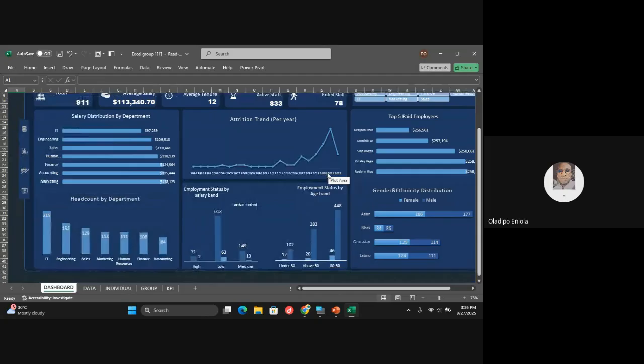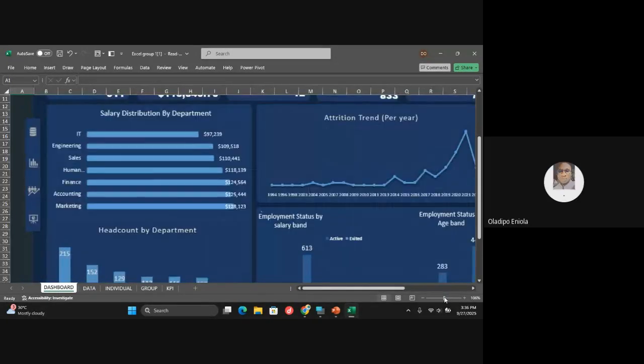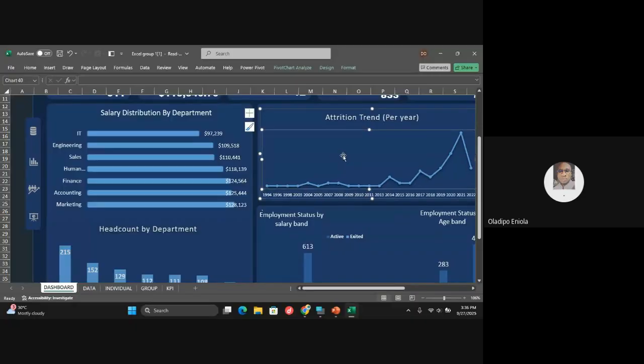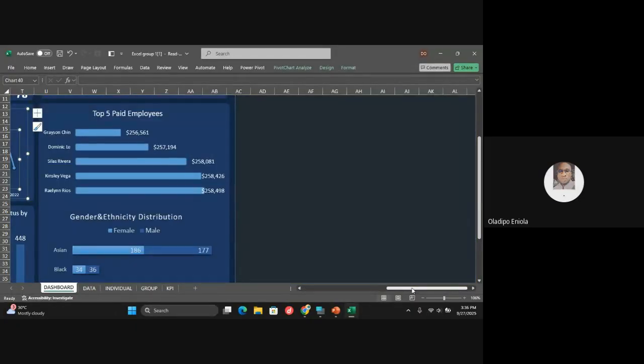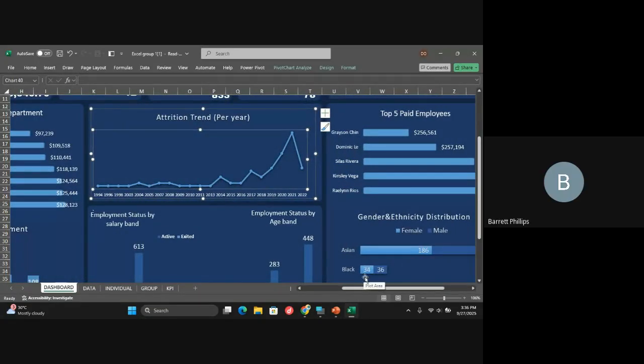It's not so obvious. From 1994 to about 2013 or 2014, you could have filtered that out, and then it gives you the most important years, right? I think you can look into that attrition trend next time.